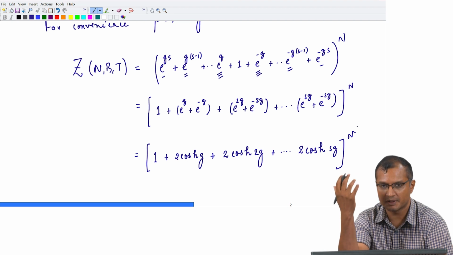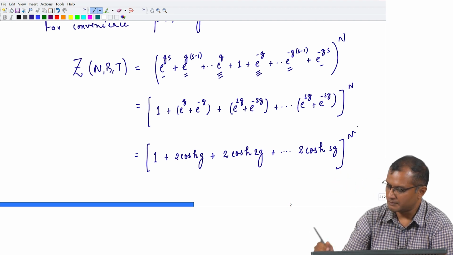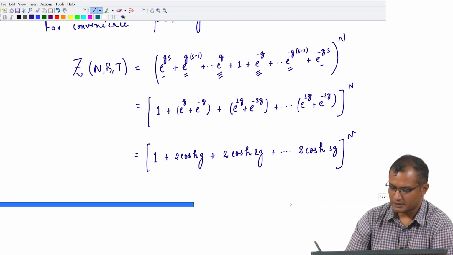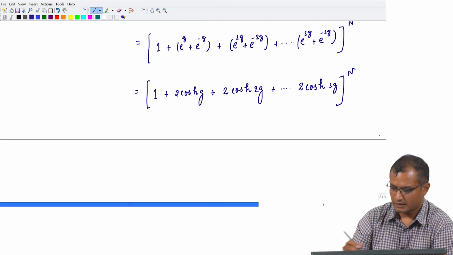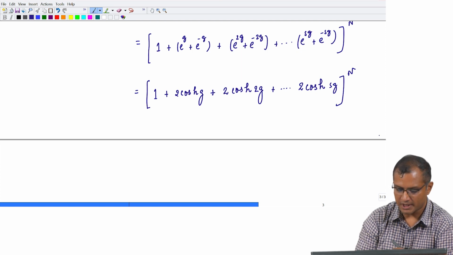okay, by using the formula for cosine hyperbolic. And I am going to take a factor of 2 outside.